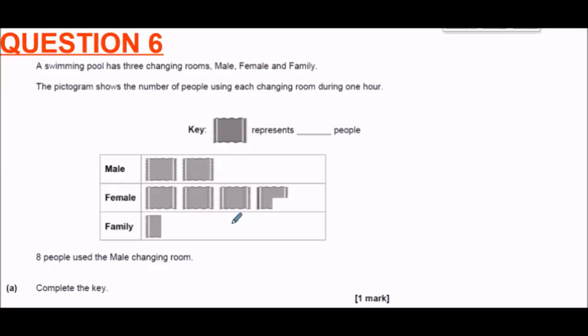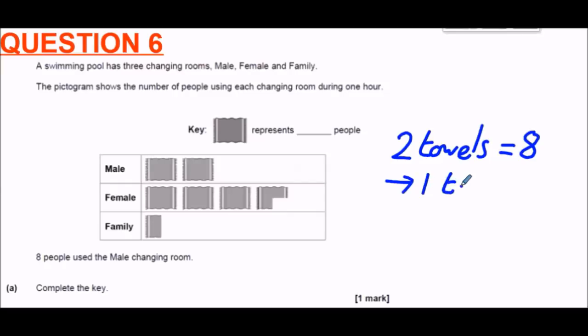So if 2 towels represent 8 people, in this case 8 men, then we can work out that just 1 towel must represent 4 people. And so we need to fill in the key by saying each towel represents 4 people. And then we're done for 6a.